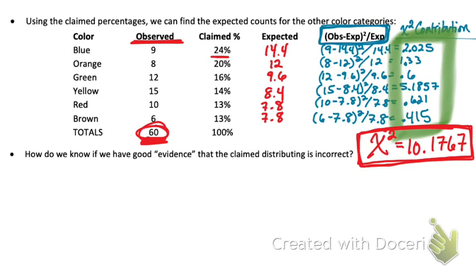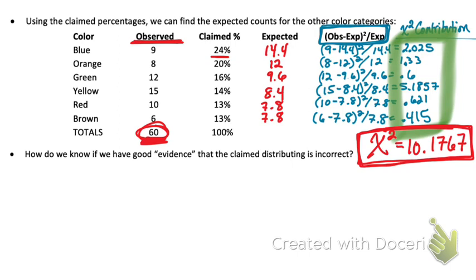Which one had the smallest chi-squared contribution? Red and brown. Brown actually had the lowest. What do you guys notice about the observed and the expected for brown? They're pretty close, right? They're not that far off. So the closer the observed and the expected are, the lower our chi-squared contribution would be.